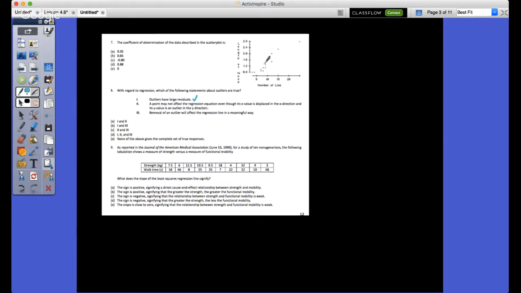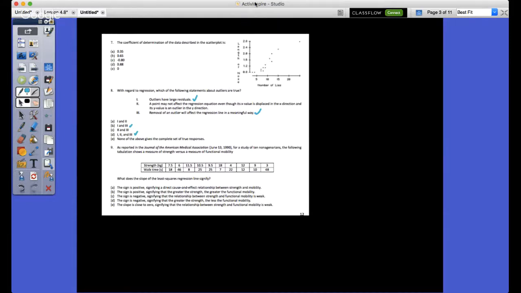I'm going to come back to that one. It's wordy. 3 is removal of an outlier will affect the regression line in a meaningful way. Yeah, that's absolutely true. So I know 1 and 3 are absolutely 100% true. So I would be between this one or this one. Okay, so either B or D.